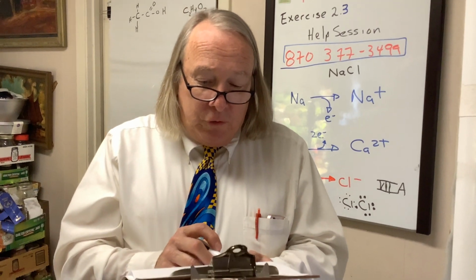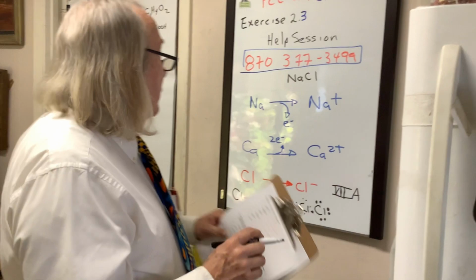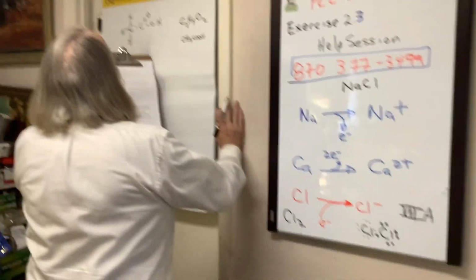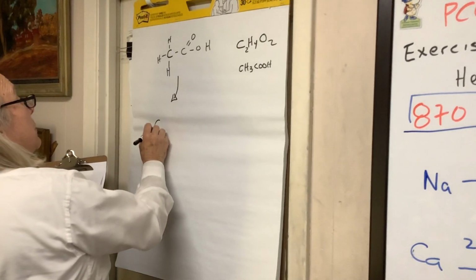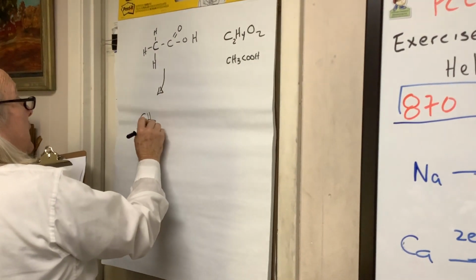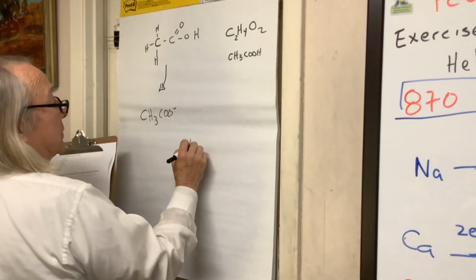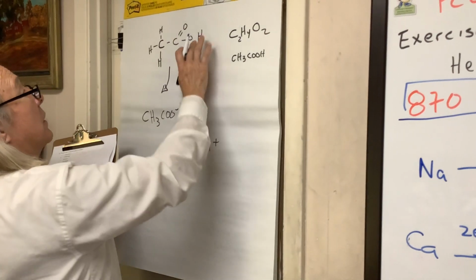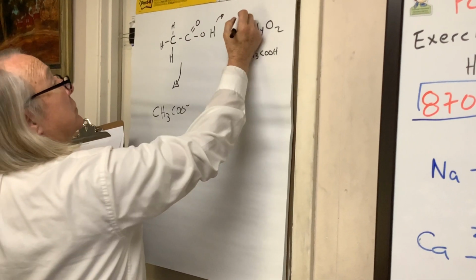And the next one is sodium acetate. It's ionic. It's this compound that has separated into, if I may use this abbreviation, CH3COO minus plus H plus. So this H is the acid in our acetic acid.